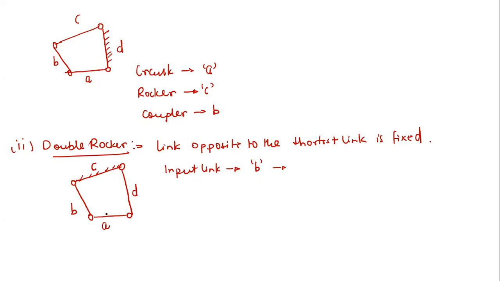Is it possible that now this link can make a complete rotation? No, sir. No. So in this case, this link B or input link is going to act as a rocker. And now your output link, which will be your output link? Link D will be your output link. Again, this link D will be acting as a rocker, right?